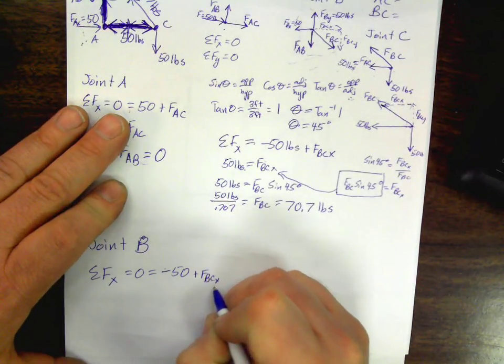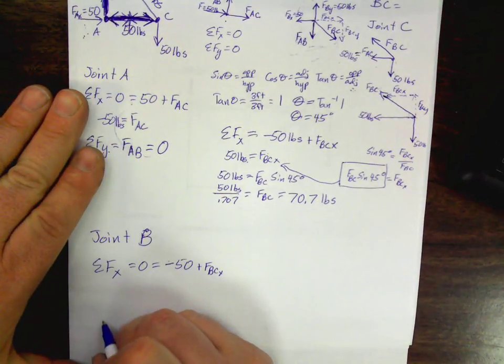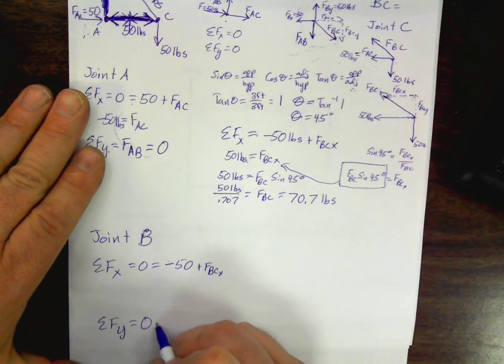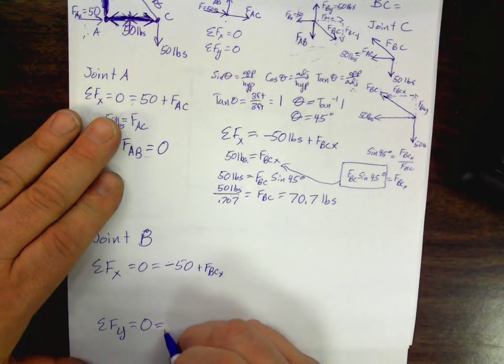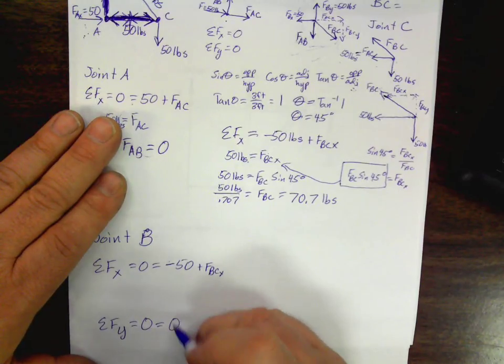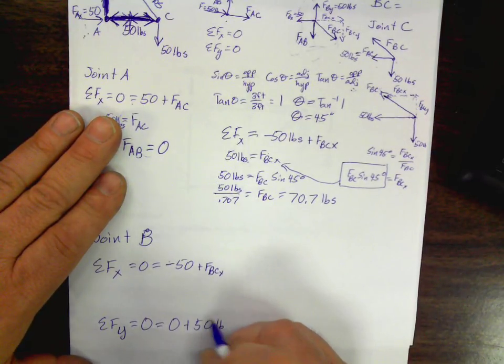And we can also use the cosine of theta equals the adjacent, which is the f of BC in the x over f of BC. Same thing. So f BCx here, we ended up with cosine in this case. So f BCy is sine, and we're just going to replace that into there.